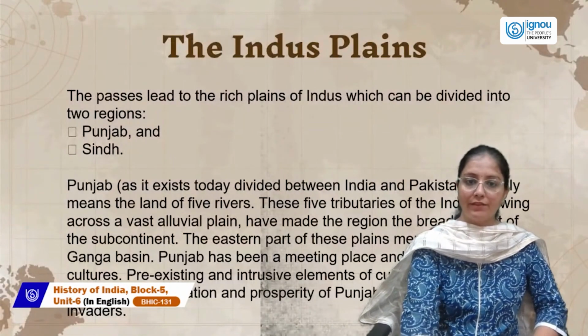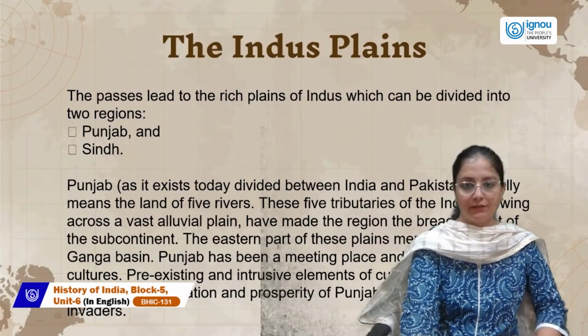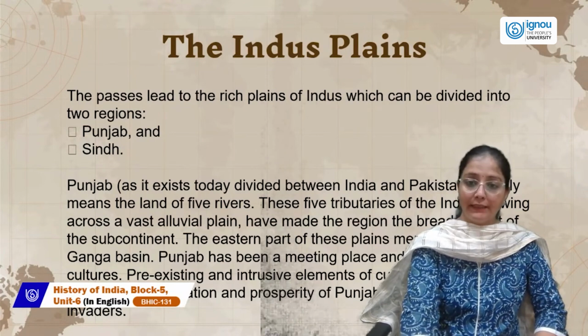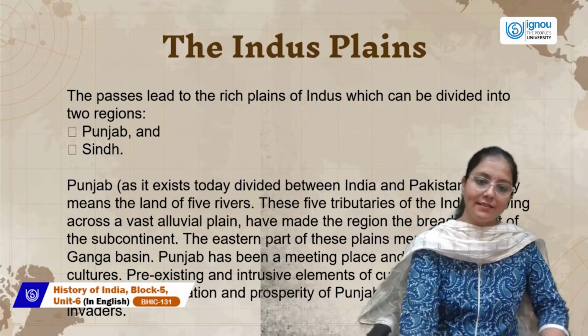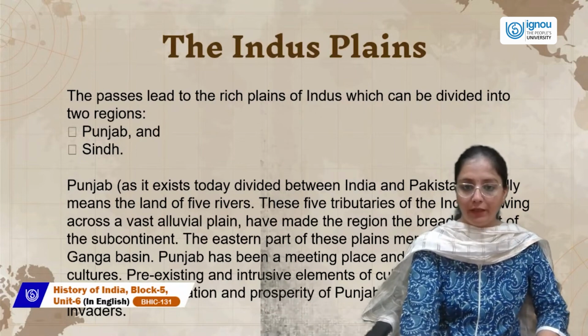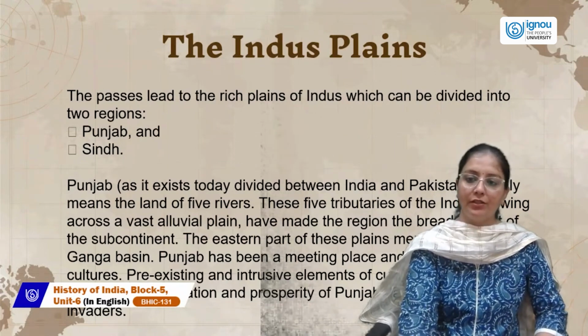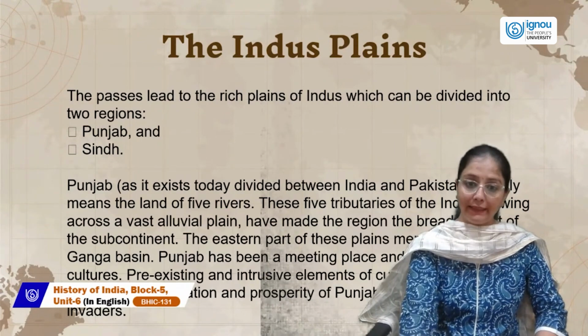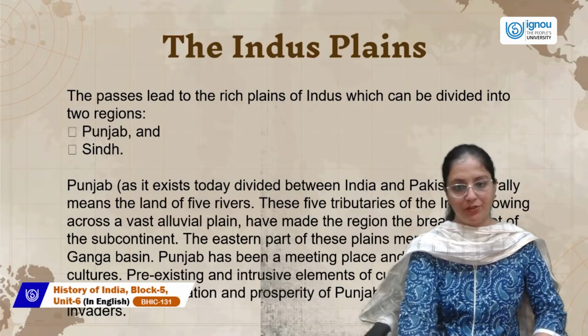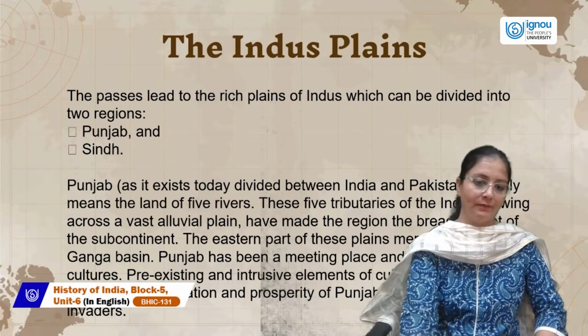We have studied about the Indus Plains, which are connected with Punjab and literally mean the land of five rivers. These five tributaries of the Indus flowing across a vast alluvial plain made the region the bread basket of the subcontinent. The eastern part of these plains merges into the Ganga basin.